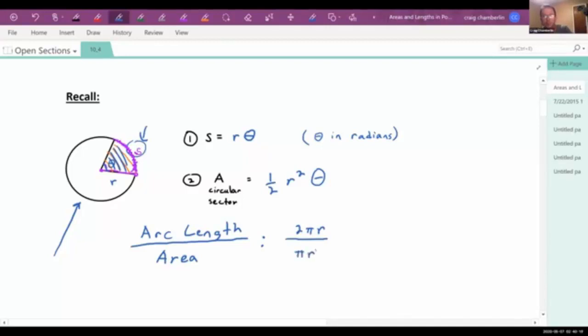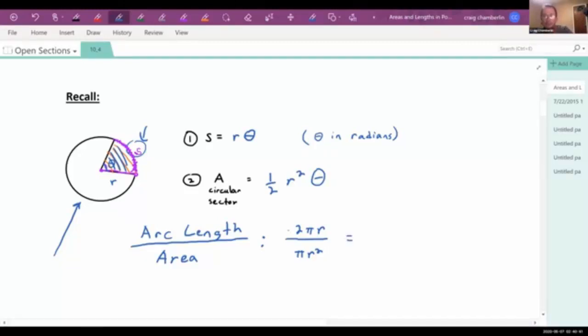You know these formulas. That's why I'm grabbing a hold of them. And so what we're saying is with any circle, the arc length in ratio to the associated area of the piece of pie, in other words, length of crust to the area of the piece of pie on top, is going to be equal.